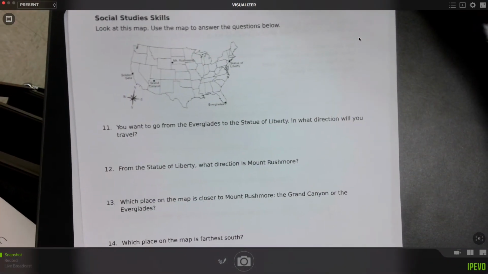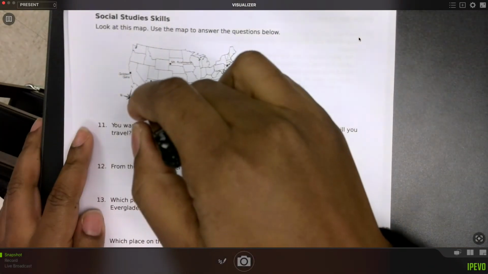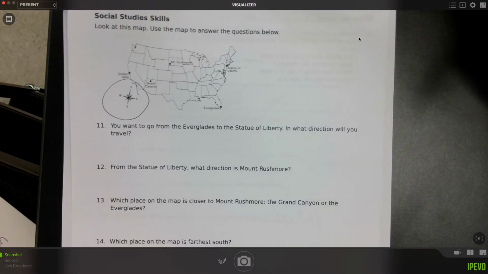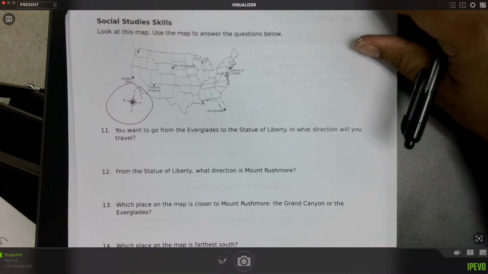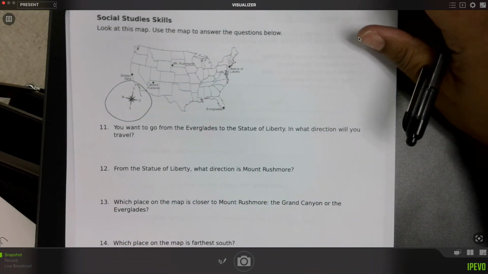If you flip to the next page, social studies skills. It says, look at this map. Use the map to answer the questions below. So here we have our cardinal directions, north, south, east, and west. Our first question says, you want to go from the Everglades to the Statue of Liberty. In what direction will you travel?